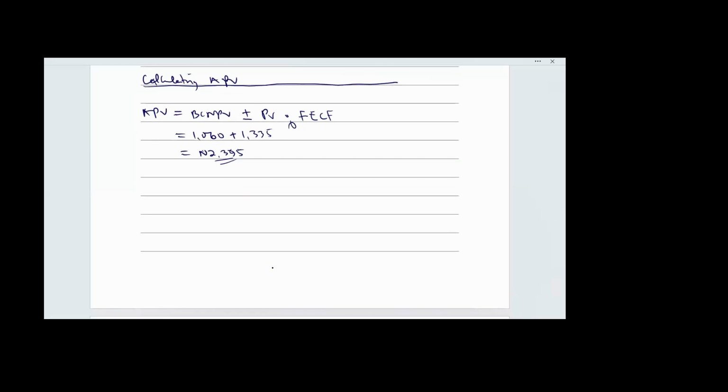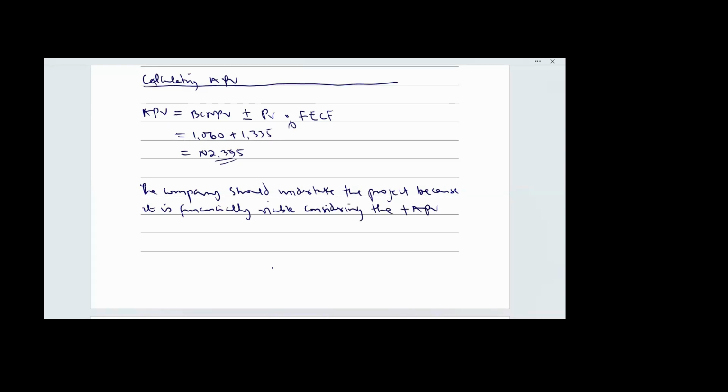I would then say the company should proceed, or should undertake the project, because it is financially viable, considering the positive APV of 2,395,000 naira. That's it. We are done with the question.